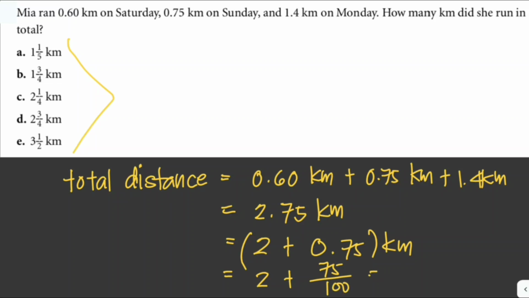So this is 2 and 75 over 100, and again we don't have 75 over 100 here, so we can further reduce 75 over 100 as 3/4 by dividing both the numerator and denominator by 25. So this is just 2 and 3/4. So the answer here is letter D.